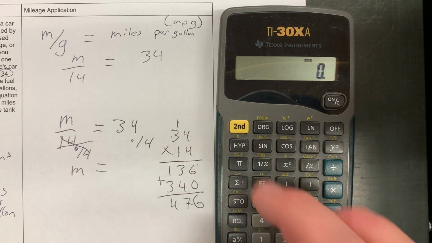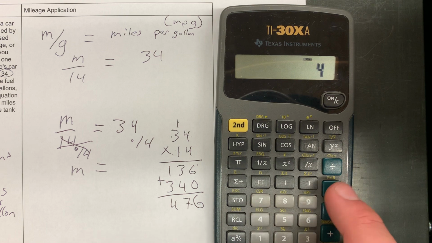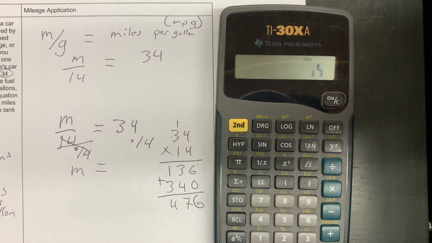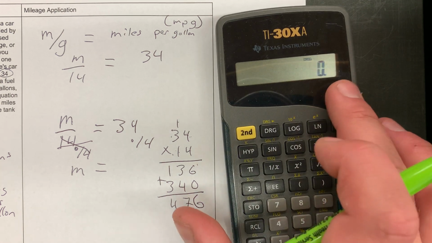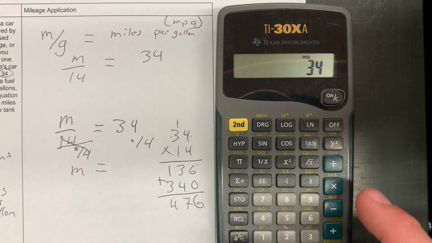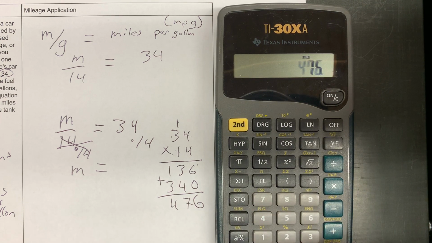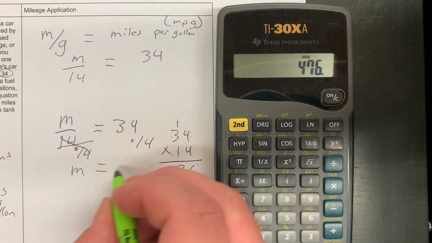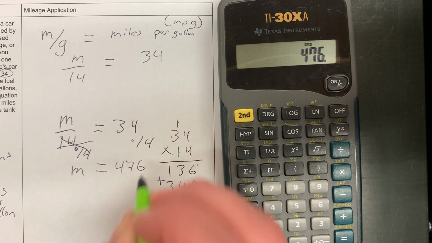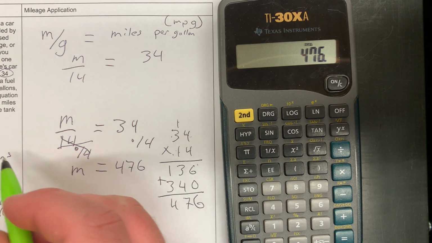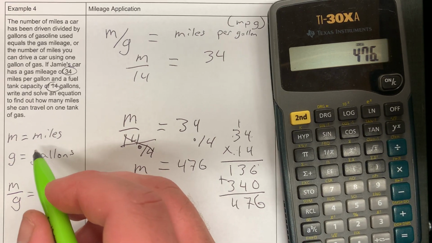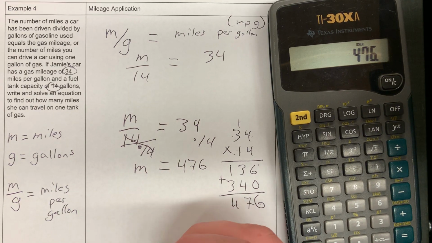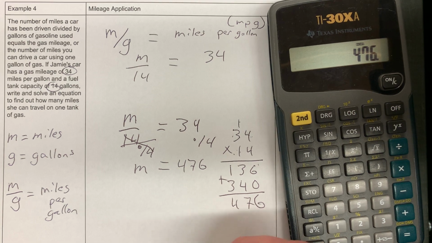I'll show you here on the calculator as well. 34 times 14 gives me 476 for M. And now what does M stand for again? We have to make sure that we are labeling this correctly. We have 476 miles.